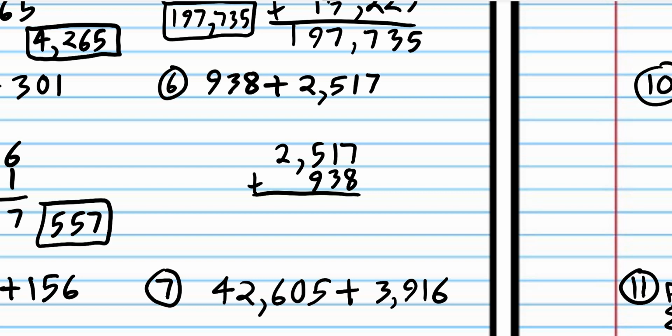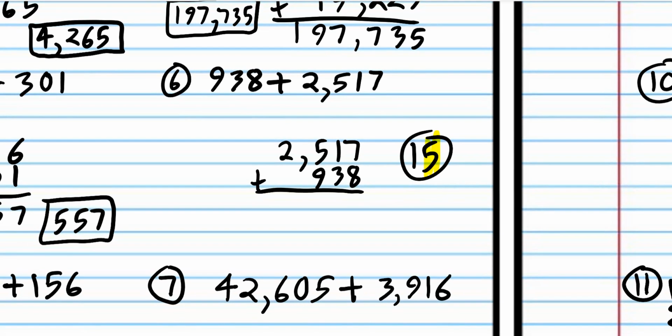So what do you do? Well, you write the number in the ones digit, or the ones place. That number goes here. And the number in the tens place, you're not going to write here. That's not where it goes for this algorithm. Instead, you're going to do something called carrying.